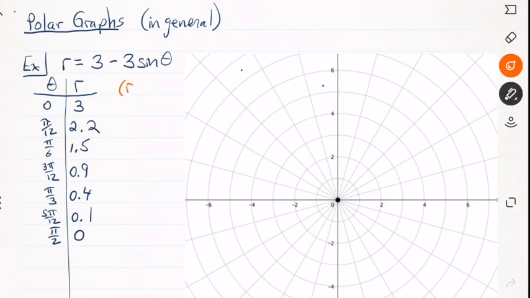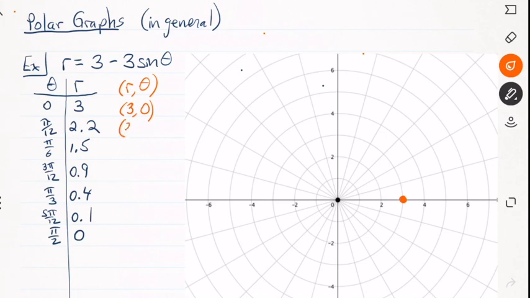So the coordinate is (r, theta), even though you plug in theta to generate r. I have to switch them because for some reason they chose to put r first and theta second. Not my choice. So r being 3 and the angle being 0, this is 0 radians lying along the positive x-axis in this direction. So that's where we have to start, going 3 in that direction. So this is our first point, (3, 0).